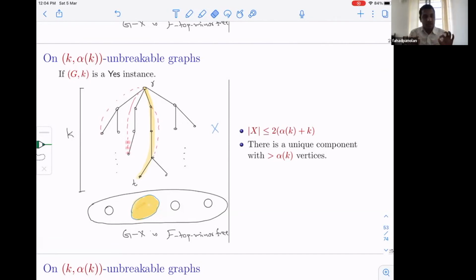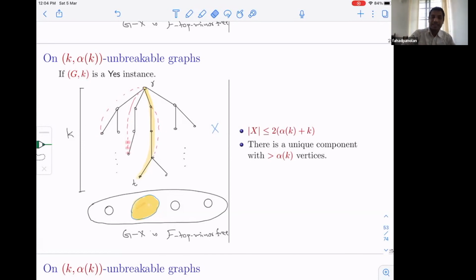Then we design a branching rule, and that branching rule is going to find vertices that will be placed in this particular path. And at the end we are going to solve the deletion version of the problem and some more trivial branching.